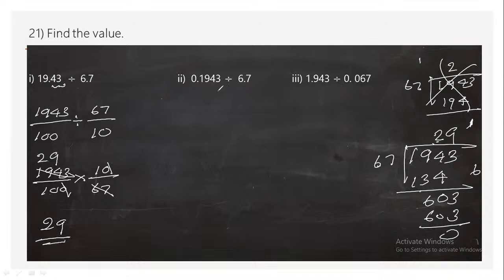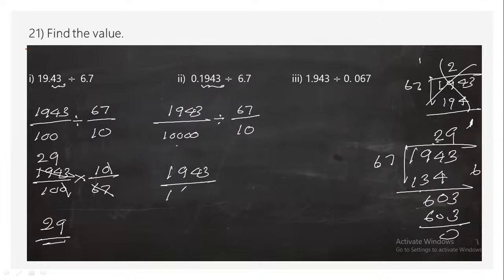The same one here also. So here also we can write 1943 with 4 zeros below the line, 10,000, divided by 67 over 10. Because of 4 decimal places, 4 zeros below the line: 1943 over 10,000 into 10 over 67.